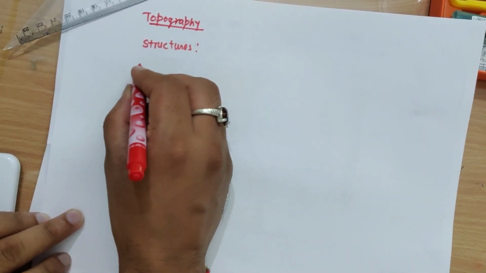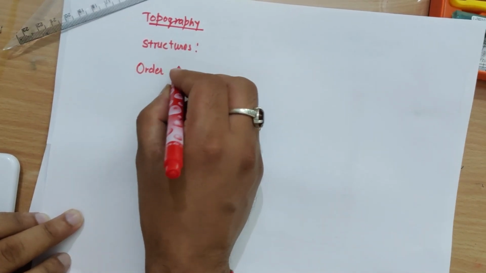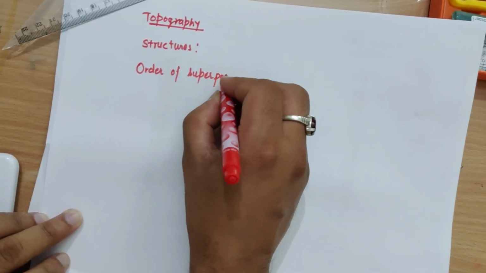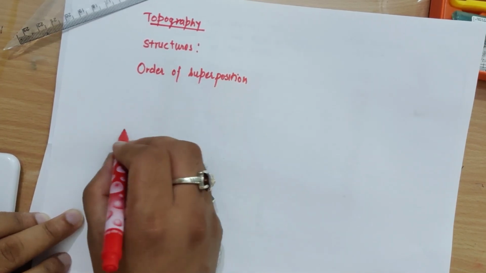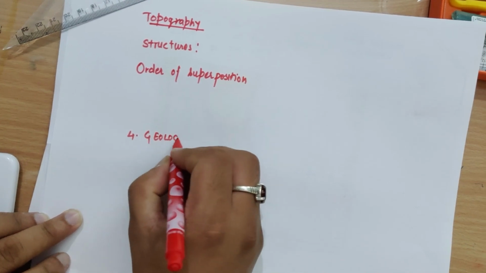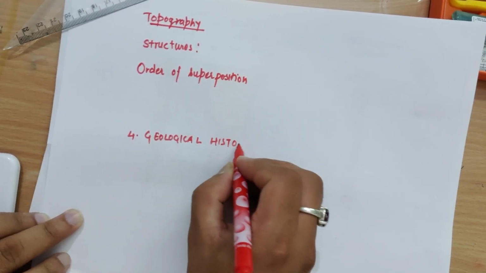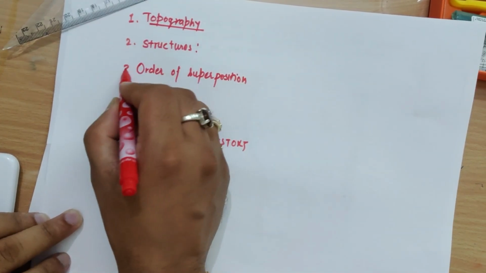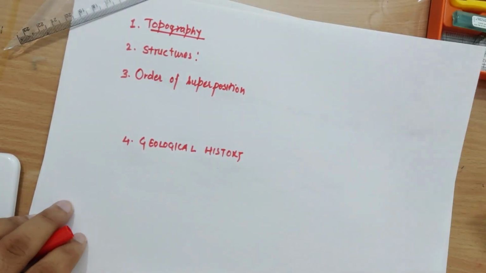Third is order of superposition. And fourth point, geological history. So let's keep the map above and discuss these things.